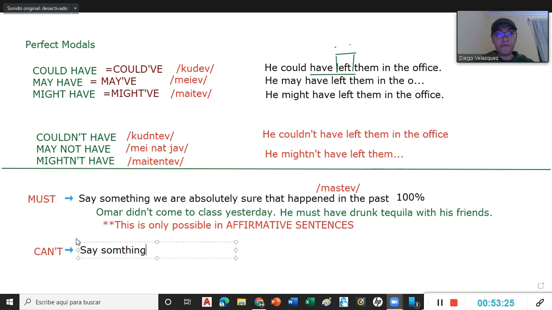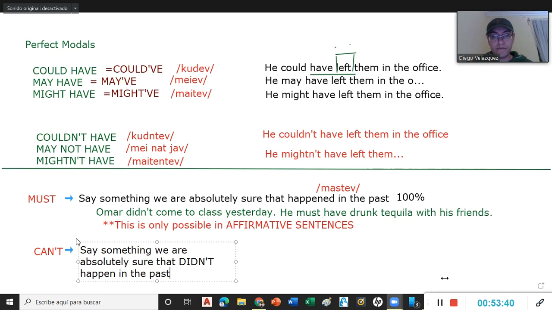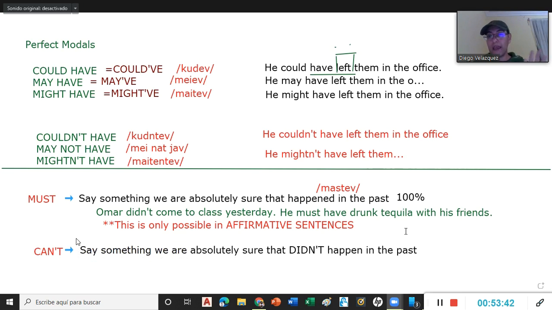To say something we are absolutely sure didn't happen in the past. Okay, so what's happening in here, guys? It's exactly the same as must, but in negative sentences, okay?